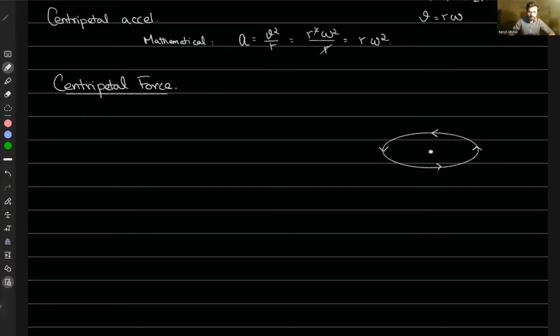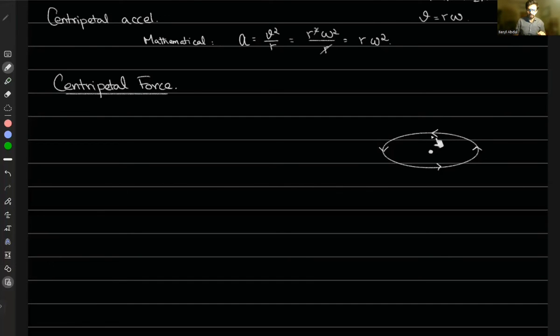Right. Now, it is very important for you to realize that any body which is moving in this circular path is not in equilibrium state. It will not be in an equilibrium state simply because of the fact, as we saw earlier, that the acceleration vector is always going to be pointing towards the center, and so it's non-zero, even though the speed is constant.